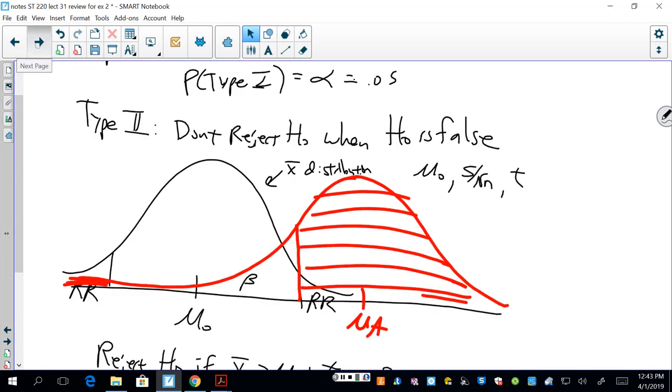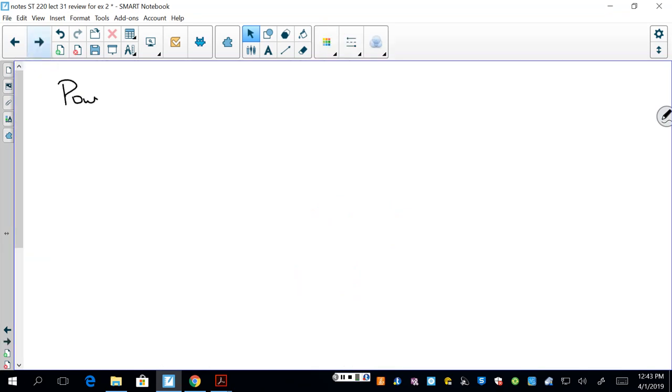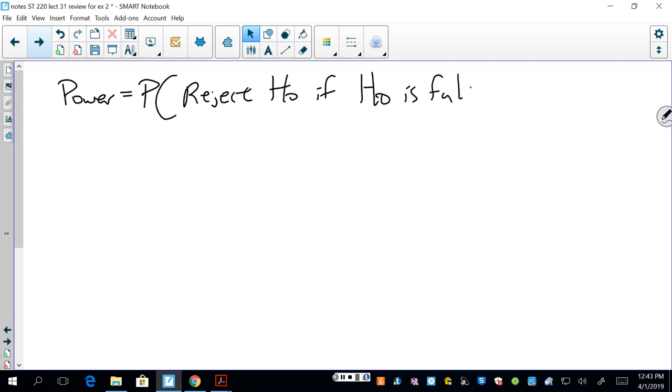So power is really the probability that you reject the null hypothesis if H0 is false. You're trying to prove something and trying to reject a null hypothesis. Oh, okay, I see.